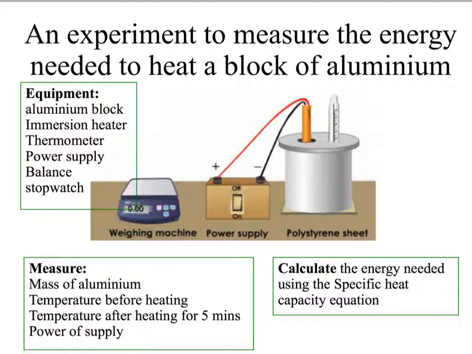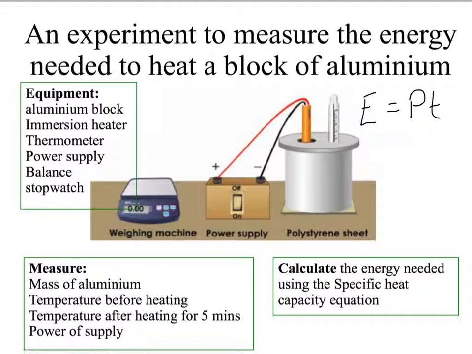We could then work out the energy required to heat it by using the fact that the energy is power times a time. So if we know the power of the power supply and how long we've heated it for, we can calculate the energy. We could then use this to calculate the specific heat capacity of the aluminium.